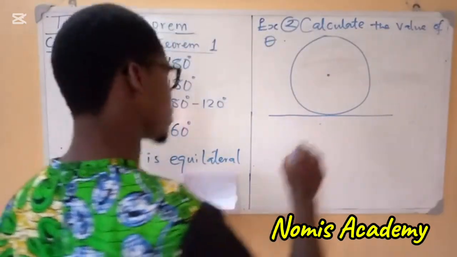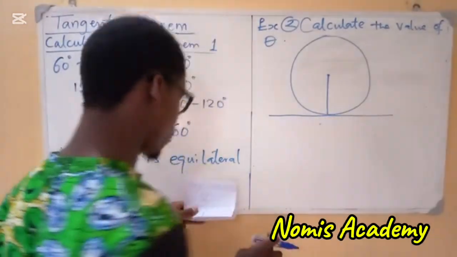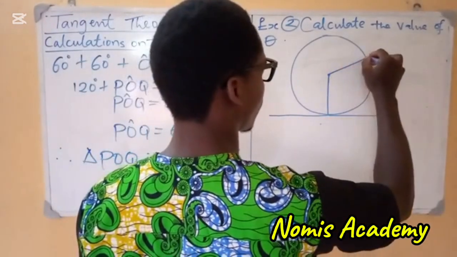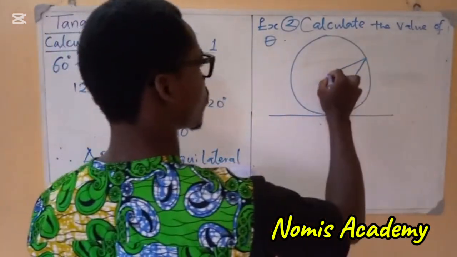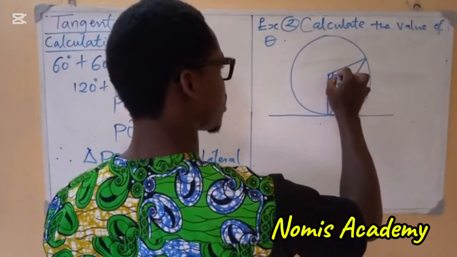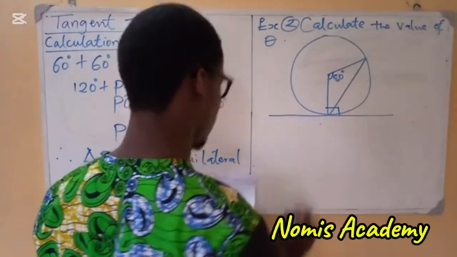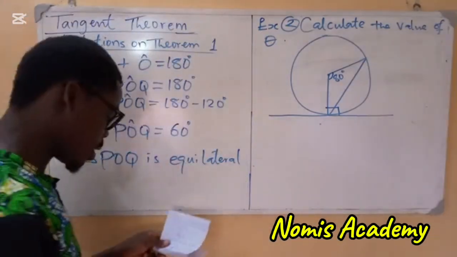This is the tangent, and this is the radius of the circle. This particular angle is 80 degrees, and then we have this to be perpendicular. It means that the straight line is a tangent.